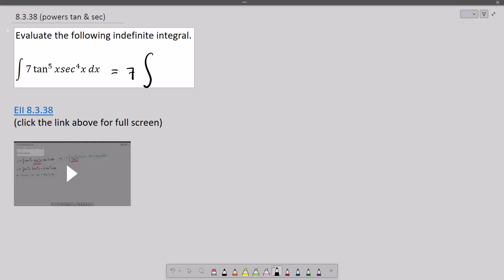So we can pull the 7 out, leave the tangent to the fifth alone, pull off a secant squared. So this secant squared that we pull off, this is going to be grouped with the differential. We're going to leave it there for the u sub, with the idea that if we let u be tangent, tangent's derivative is secant squared, and that's going to grab that pink box.